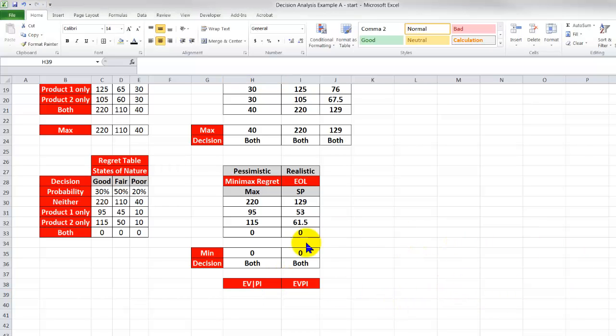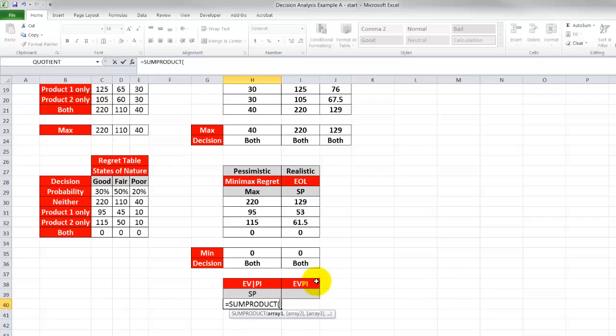So in terms of this first one, the expected value given that we have perfect information. If we had perfect information, it means we could make the best decision if we know the states. So this will actually be calculated with a sum product. This value represents the sum product of the probabilities of the states, comma, and then the maximum.